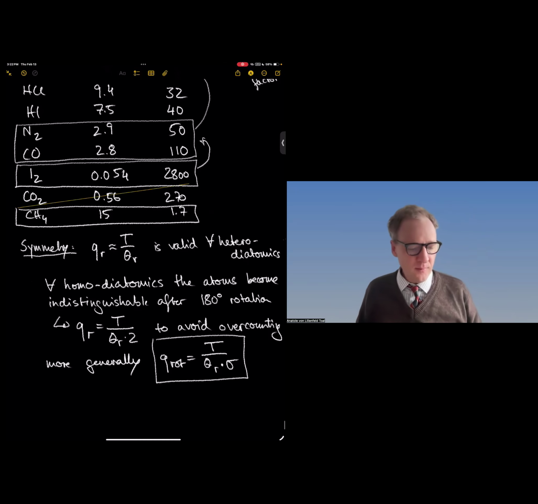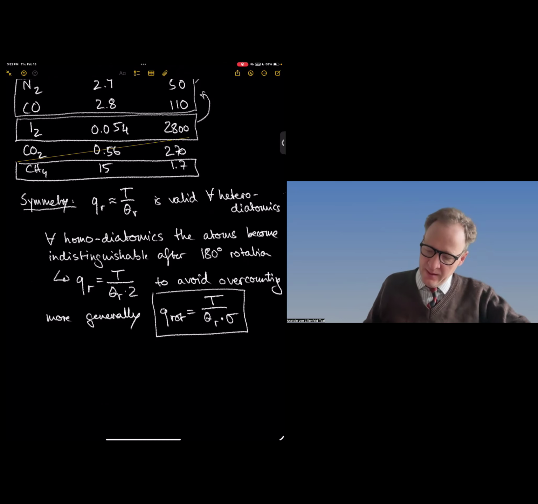Okay. So the sigma is the symmetry factor.